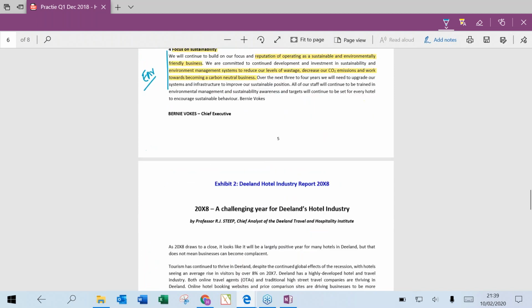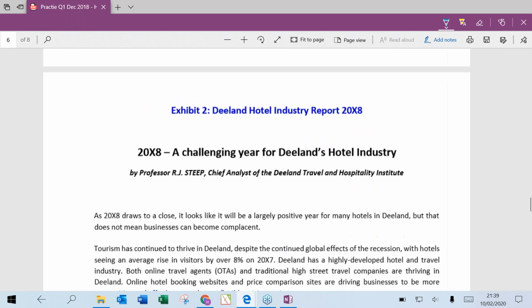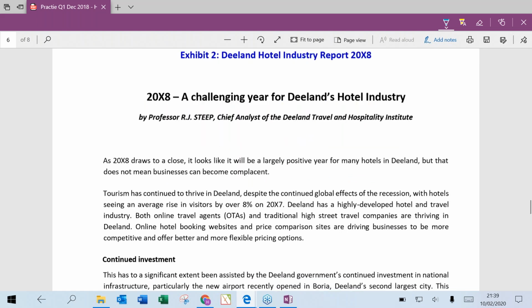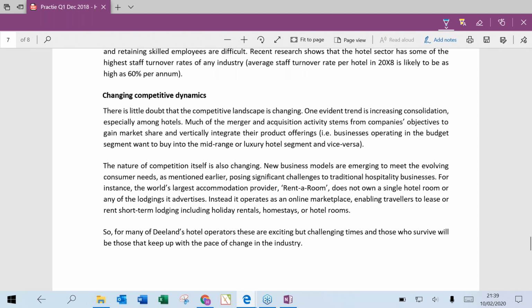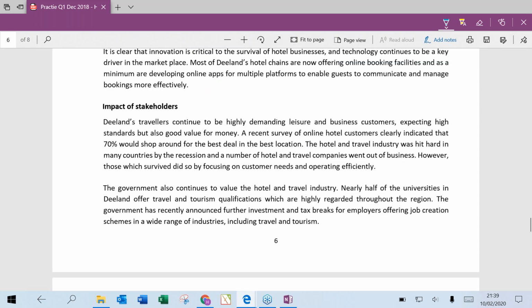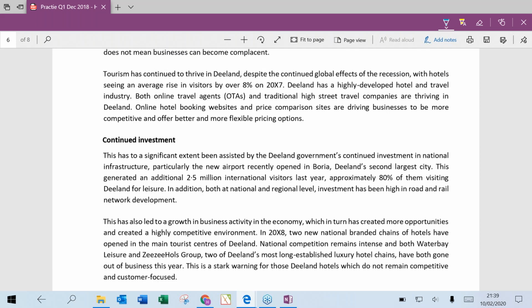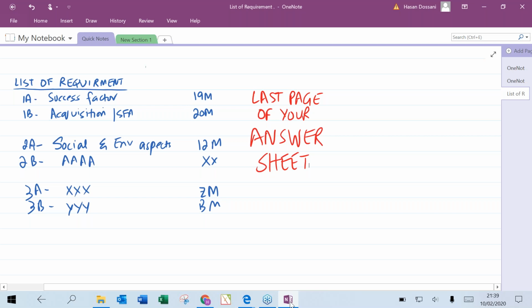Now, Exhibit 2, a challenging year for D-Land's hotel industry. Now, I'm mindful of the time. So our session is supposed to end in the next 20 minutes. So I don't think that we will be able to complete both requirements. Okay.